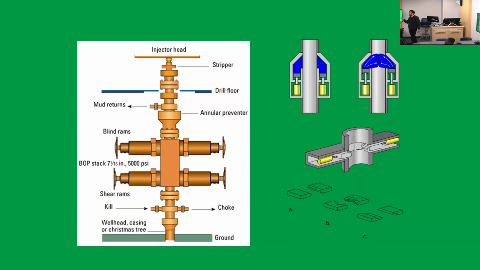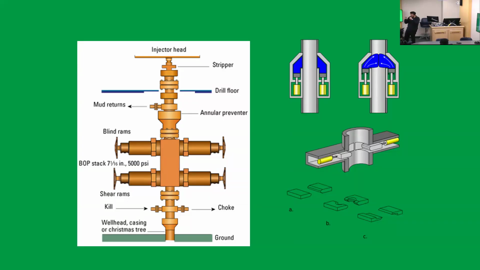That means you control the SICP. You need to keep the SICP above a certain level to prevent more kick entering the well during kick circulation. You also need to keep it below a certain level so as not to get fracturing, because if you get fracturing, you have what we call an underground blowout, which is much worse than a surface blowout.